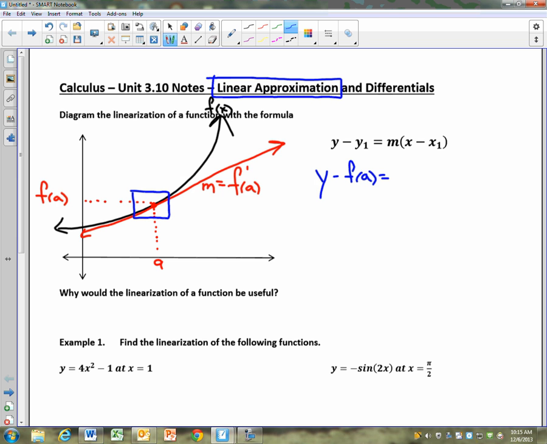What's m? Yep, f prime of a times x minus a. So the linear approximation is nothing different, you guys, than a tangent line at a given point on the function. It's just a different way of writing it. If I add the f of a over, I get f of a plus f prime of a times x minus a.